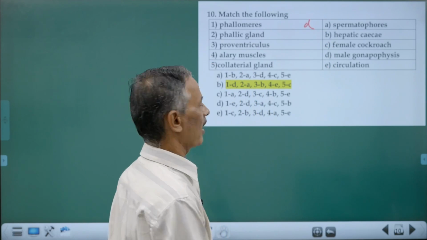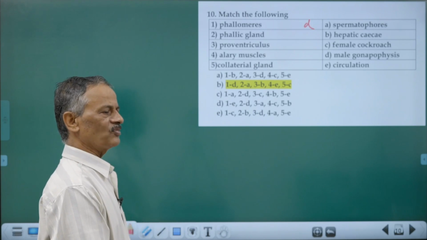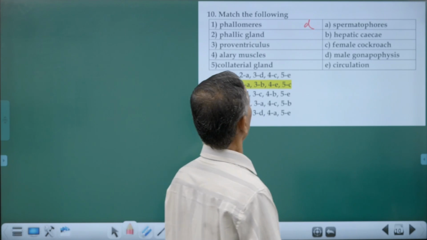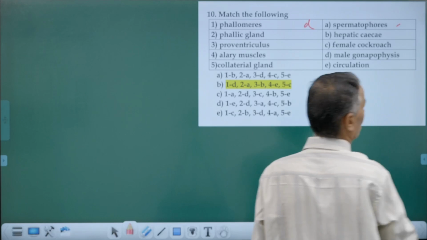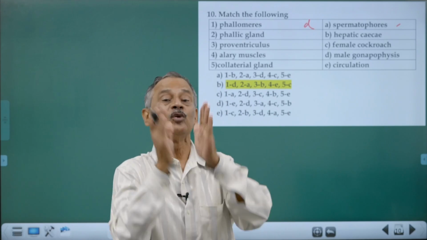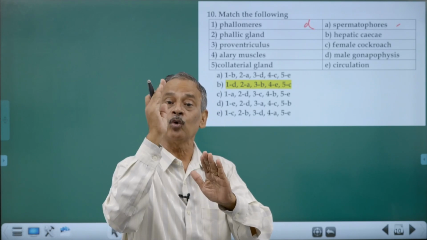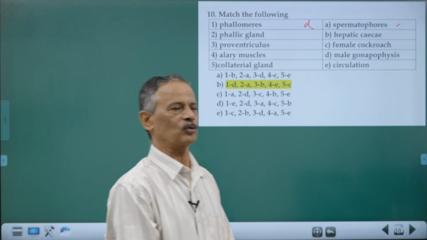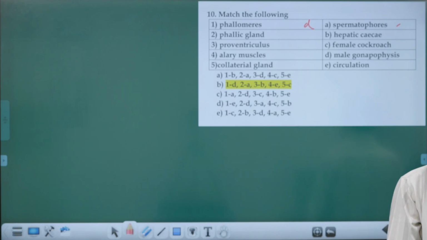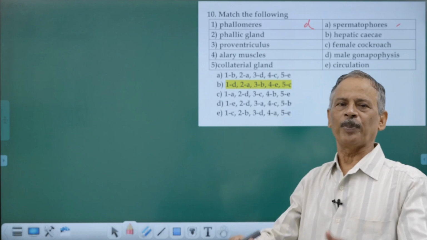What is phallic gland? Phallic gland is correctly called conglobate gland. It is the conglobate gland that produces a viscous secretion that helps in packing of sperms into packets called spermatophores in lower animals, in earthworm, cockroach, etc. The sperms are not released as we release sperms. The sperms are packed into packets.